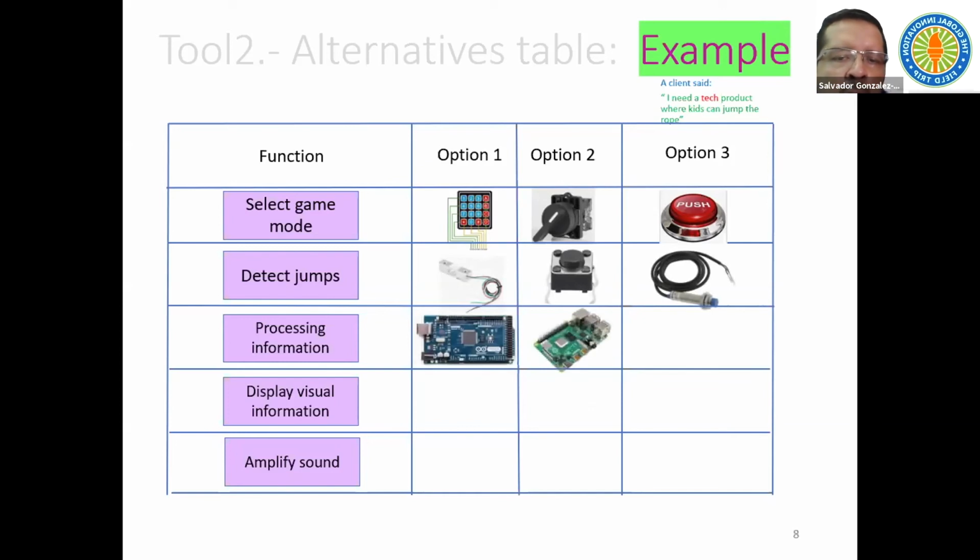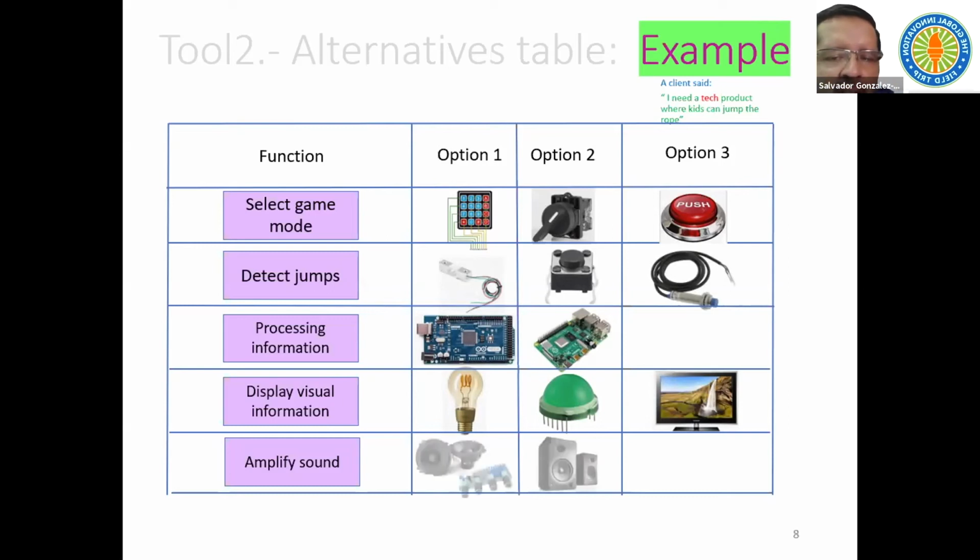We can have 2 ways to process the information, with an Arduino and also with a Raspberry. We have many ways to display the visual information, like bulbs, LED, or LCD TV. And for the amplified sounds, we can have a speaker with the amplifier on an electronic board, or a speaker with the amplifier built in.